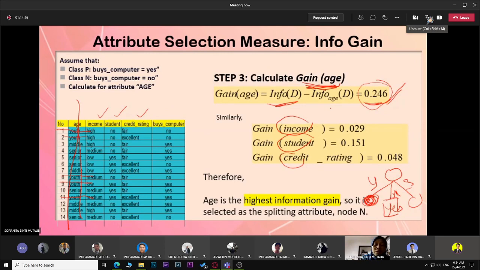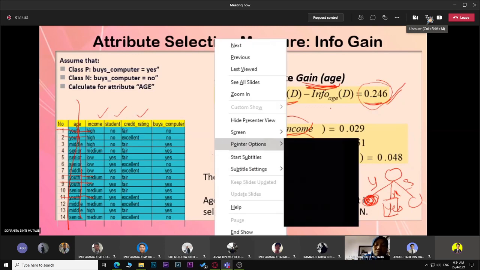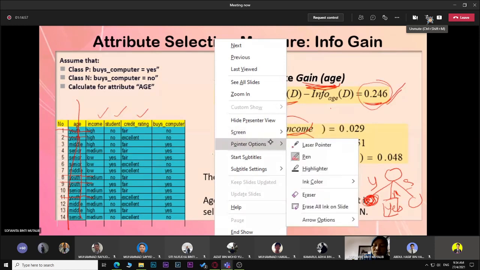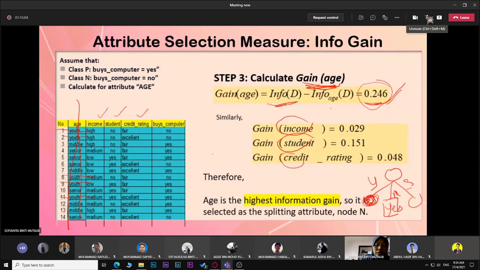Meanwhile, if you look at senior, medium here, and then we have 1, 2, 3, and then 4.